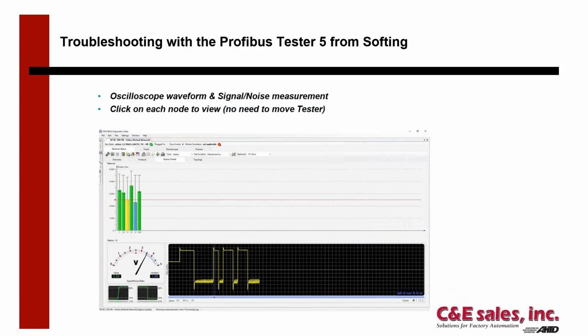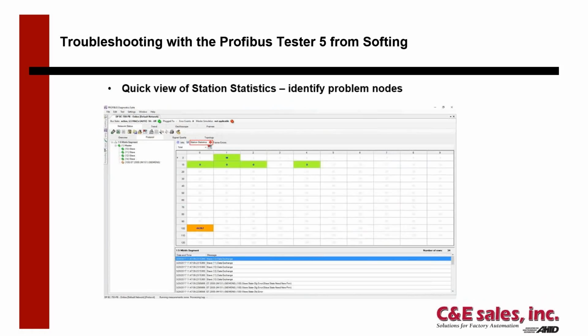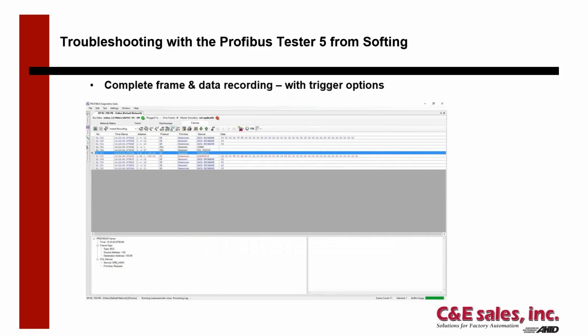You can look at the waveforms. You can look at each node without having to move the tester, which is really nice. You can quickly look at the station statistics and see which ones are your problem nodes. And you can actually look at the frames that go back and forth.